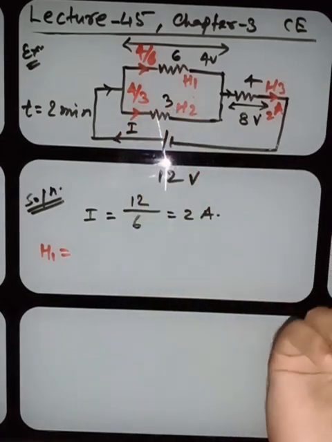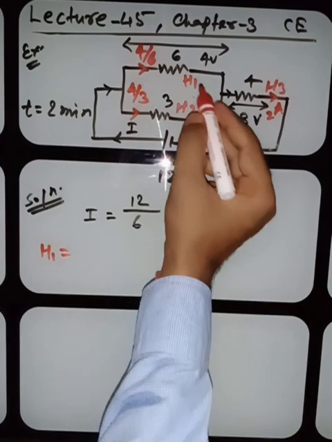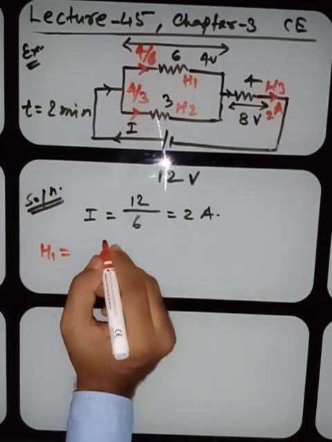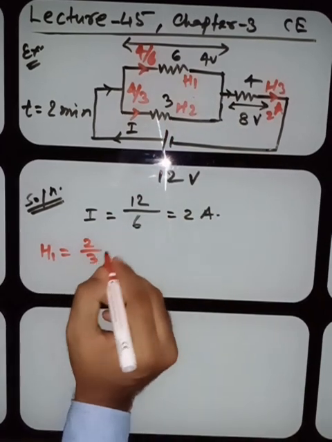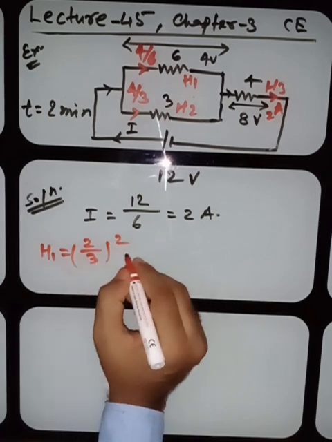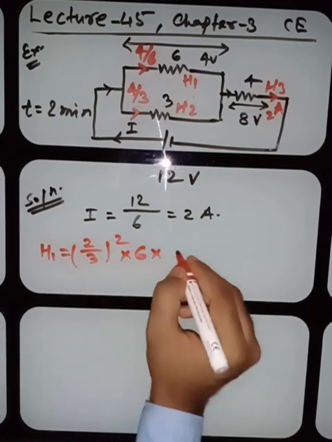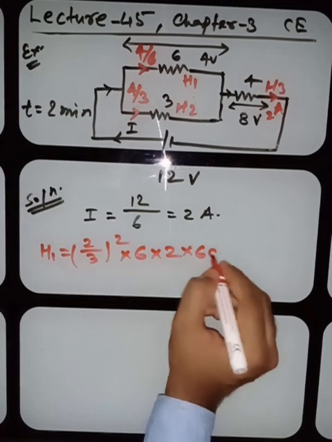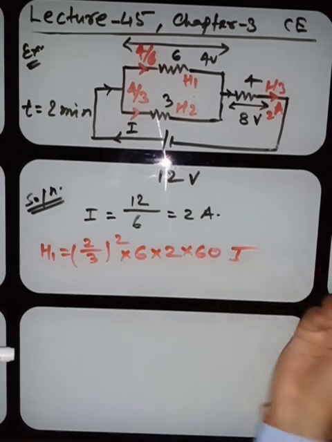Very simple. Now H1 is I square R T. I is 2 by 3, so I square, R is 6, T is 2 times 60 seconds, in joule. Very simple.